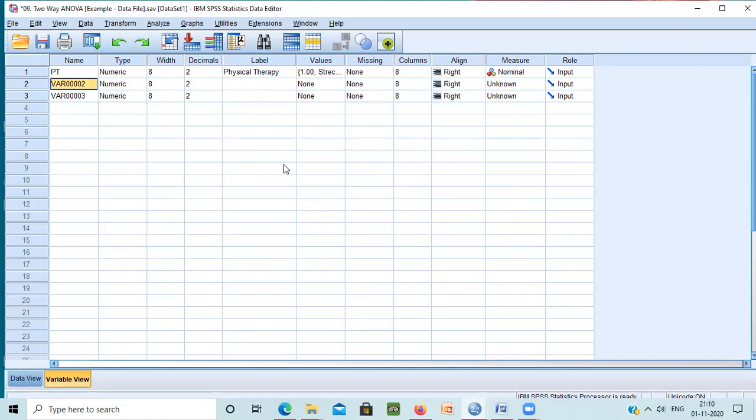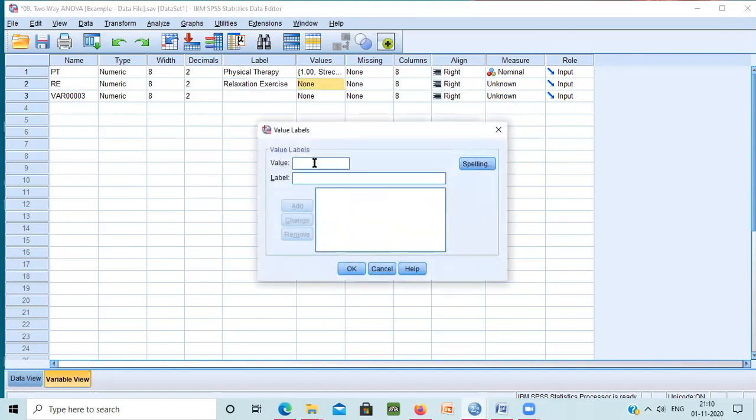Moving to the next variable, which is relaxation exercise, I'm just writing the label here. Again, we need to create values, because we have two types of relaxation exercise.